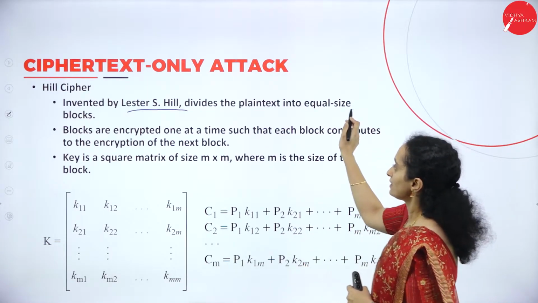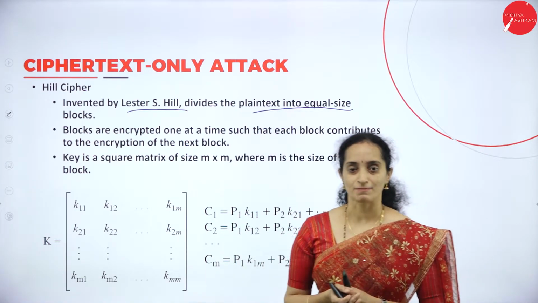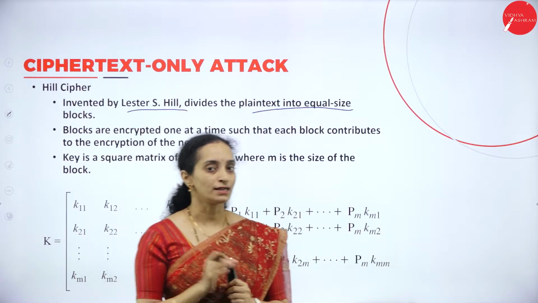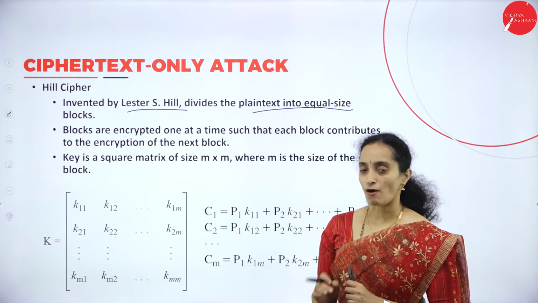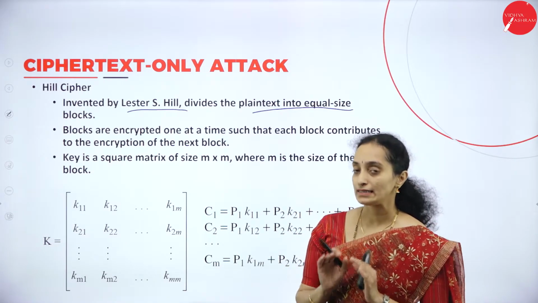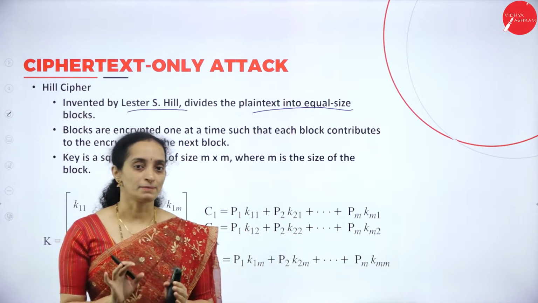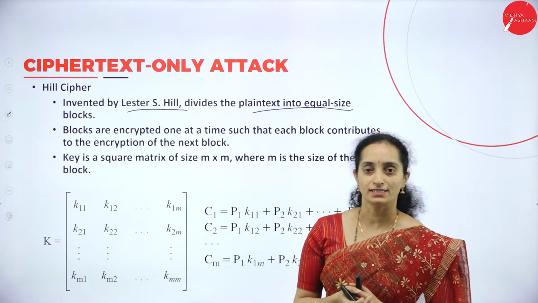This Hill cipher divides the plain text into blocks. In other kinds of ciphers, all the characters are taken as a single block, and encryption is done for all the characters at a stretch, isn't it?